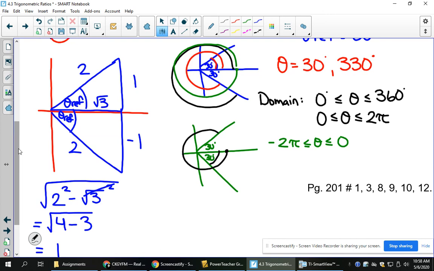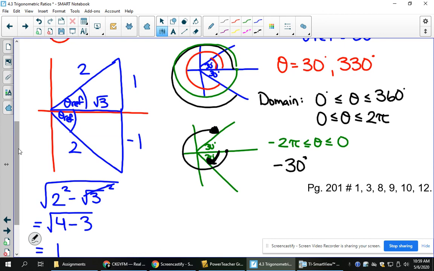Since I rotated the opposite way, that's an arrowhead since it's not really nicely drawn. Since I rotated the opposite direction, my answer for that one is going to be negative 30 degrees. It's still 30 degrees size-wise. It just happens to be clockwise instead of counterclockwise. If I think about the bigger black angle here, again, that's an arrowhead.